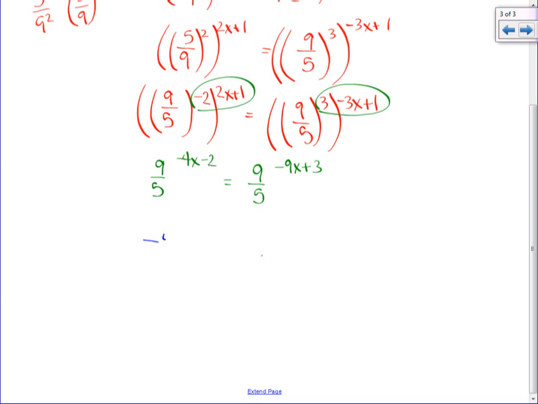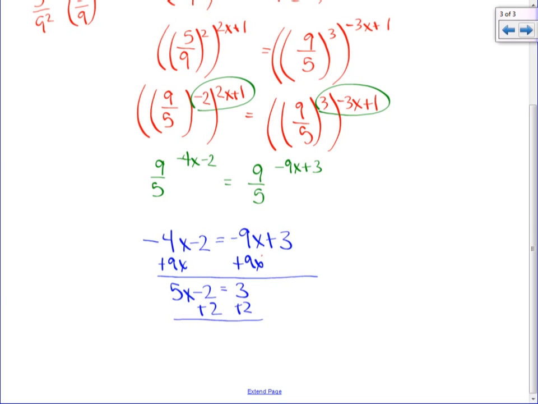We've got negative 4x minus 2 equals negative 9x plus 3. And now we can solve. I get 1. So this one is going to help you when you get to the end of the assignment because there's going to be one similar to this, and you can have this as a side-by-side example on how to do that.